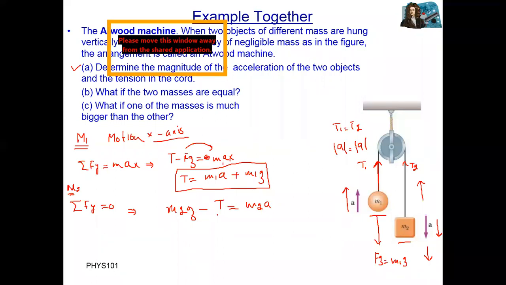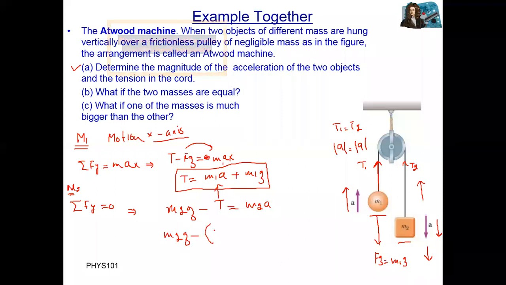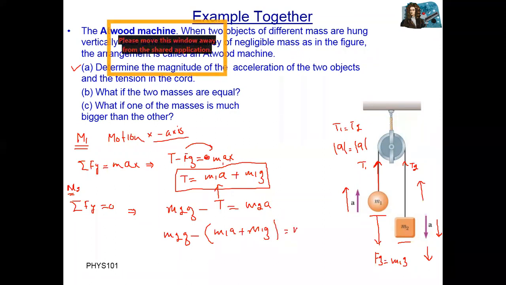So m2g minus T is equal to m2a. If you replace the tension with its value, we have m2g minus (m1a plus m1g) equal to m2a.